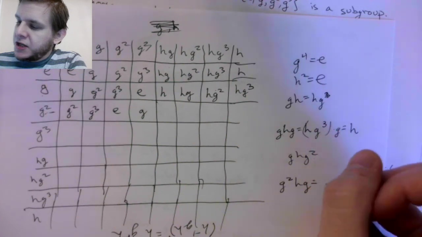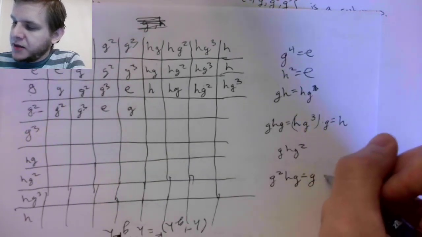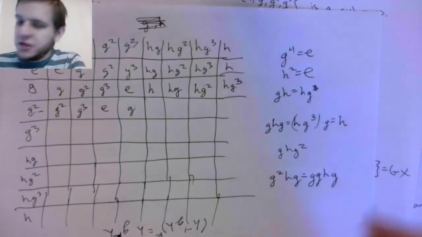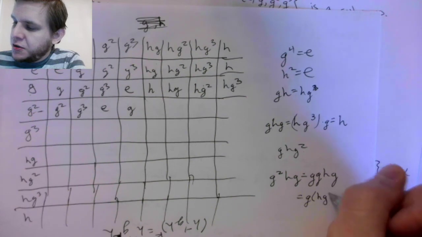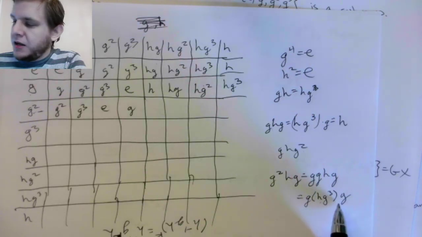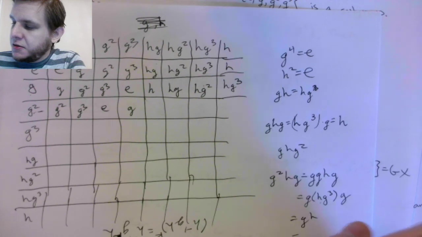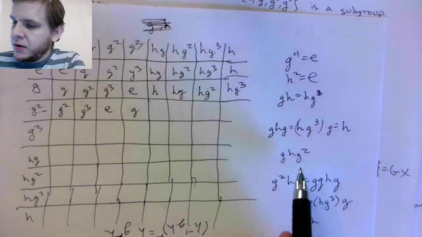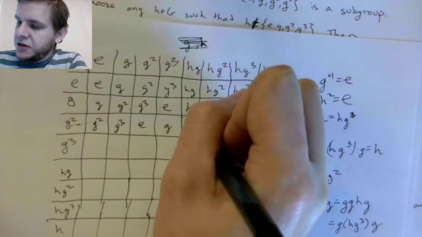So I can use this relation to push one of the g's over. Right, let me do it slowly. g g h g. So this is g times hg cubed g. g cubed times g is just g to the fourth, so it's the identity. So this is just gh, which is, as we saw, gh is hg cubed. hg cubed.